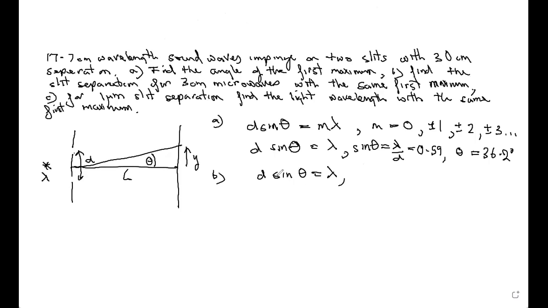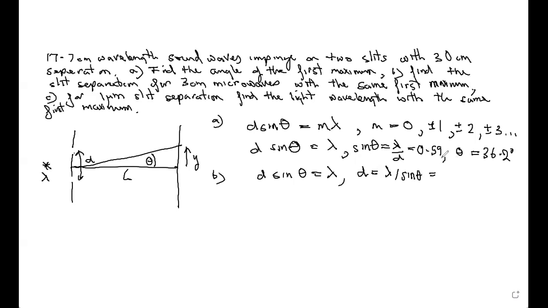So if I rearrange this equation for the slit separation, d is going to be equal to the wavelength of, in this case, microwaves, divided by the sine of the direction to the first maximum. We know both these.